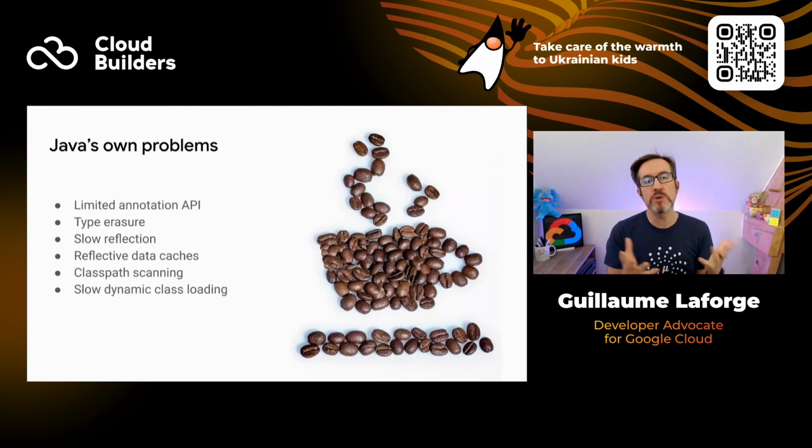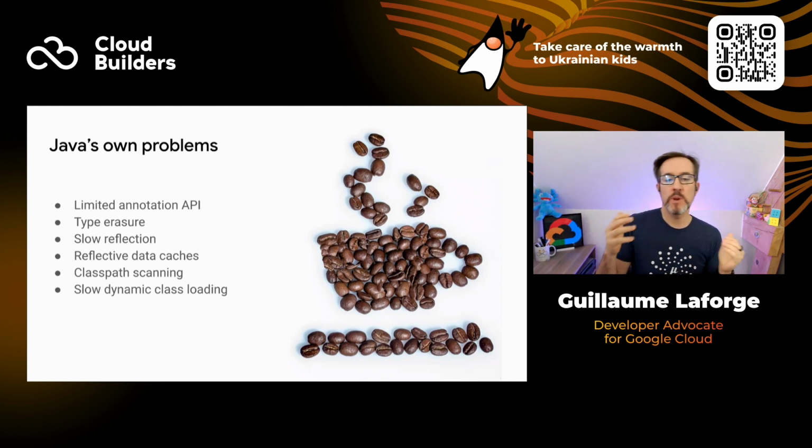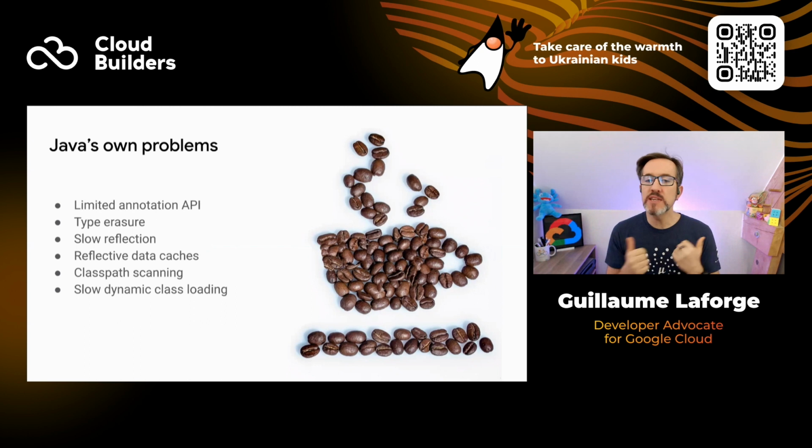And this is related to Java's own problems. So, for example, let's say you have some collections which use generics. At runtime, because of type erasure, you don't know what list, a list of what kind of object it was. Reflection usually isn't very fast, so that's often why frameworks reinvent their own bytecode stuff for reflection.